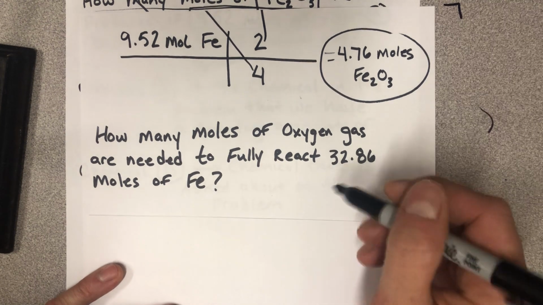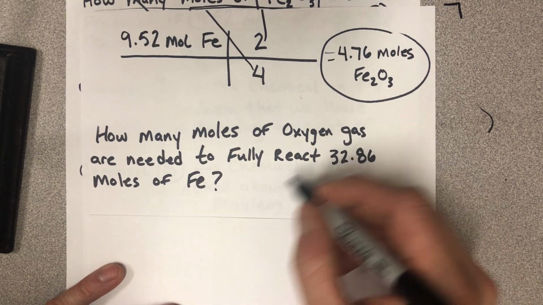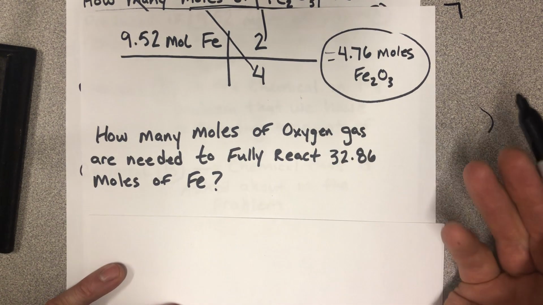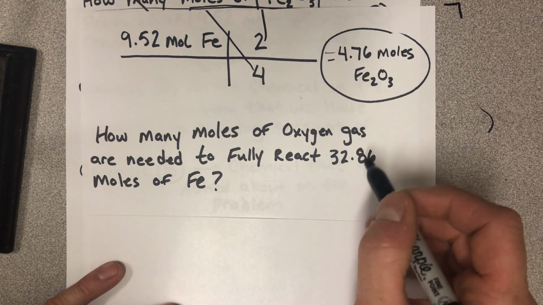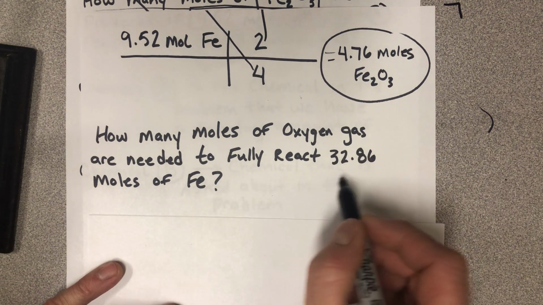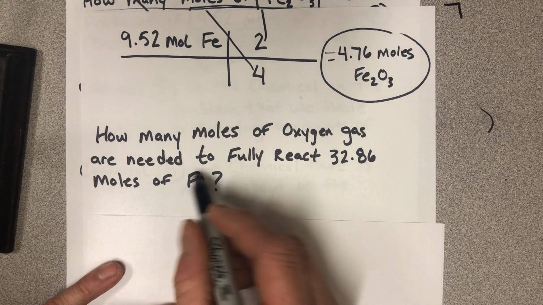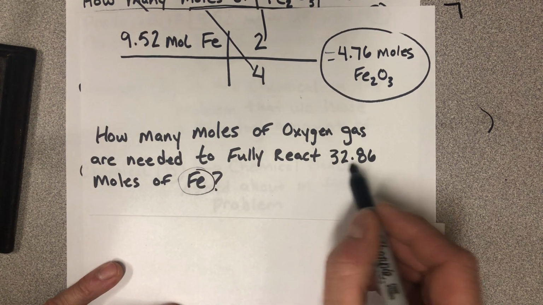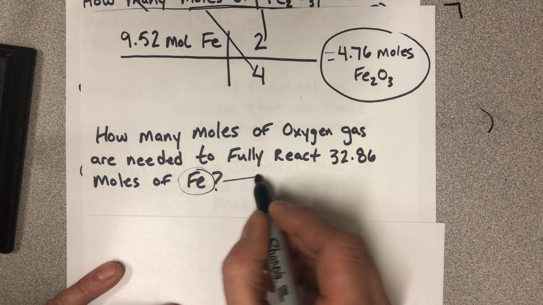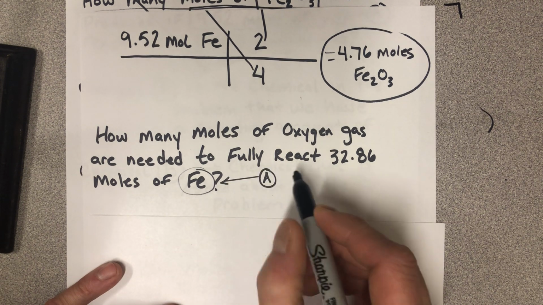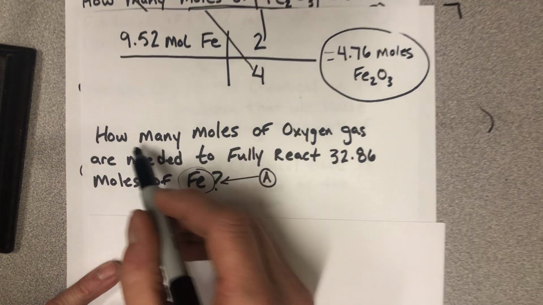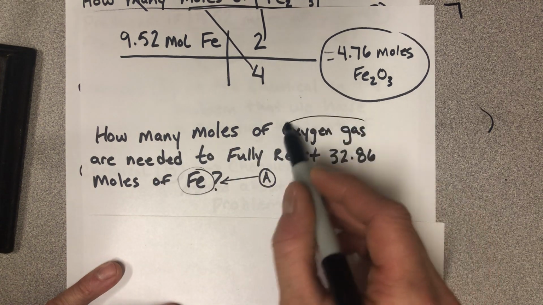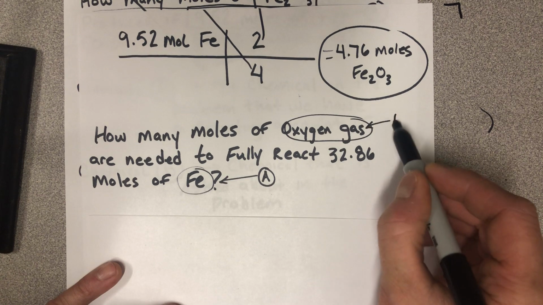And again, we're only asking about two chemicals in one problem here, so we just have to define which one is chemical A and which one is chemical B. And so here chemical A is going to be iron because we know how much of it starts. So iron is chemical A. And then we're asking the question about oxygen gas, how many moles of oxygen gas. So this is our chemical B.